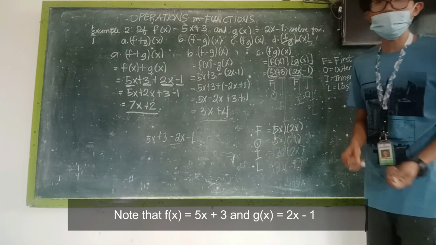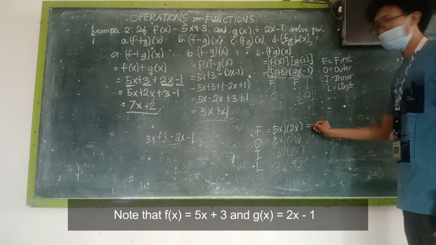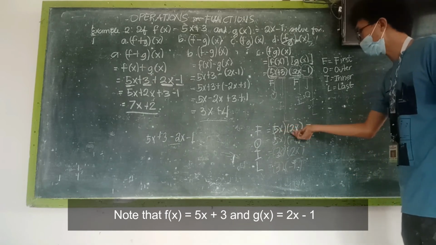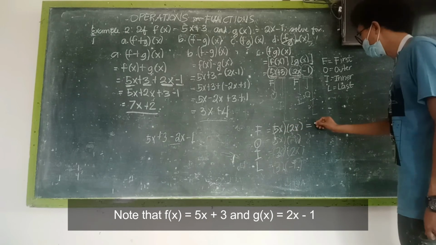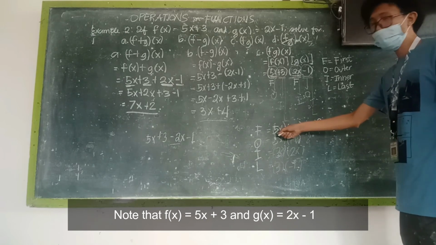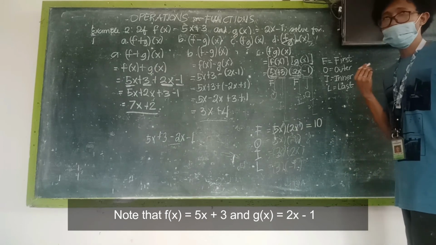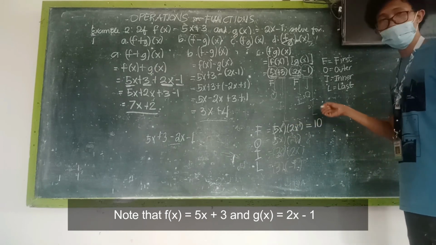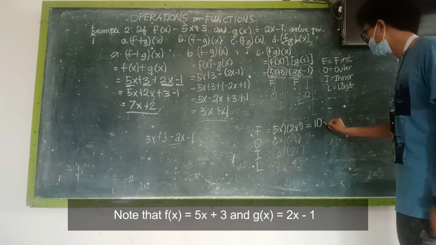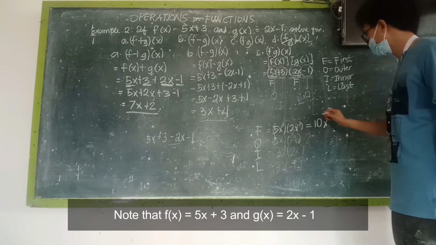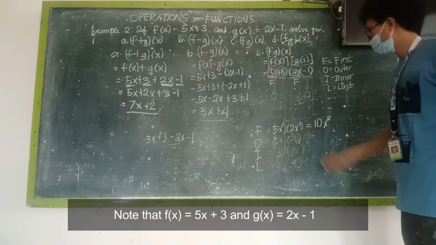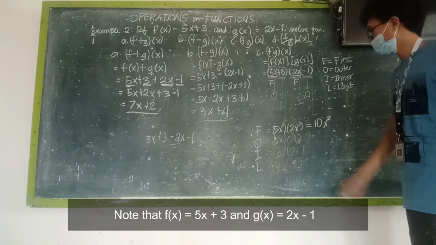Then, i-multiply natin ito. So, we have 5x times 2x. I-multiply natin itong number. So, we have 10. Then, by law of exponents, pag nag-multiply tayo ng same base, we will add only the exponent. So we have x, 1 plus 1 is equal to 2. So 10x squared.